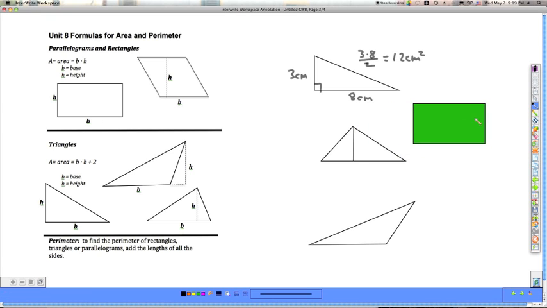So now I can make an accurate measurement. Let's say I measure this, and that comes out to be 13 inches, and I measure that height, and it's going to be 8 inches. So this is going to be 13 times 8 divided by 2. Don't forget the divided by 2 step. I'm going to divide by 2 first. 8 divided by 2 gives me 13 times 4, which equals 52 square inches.